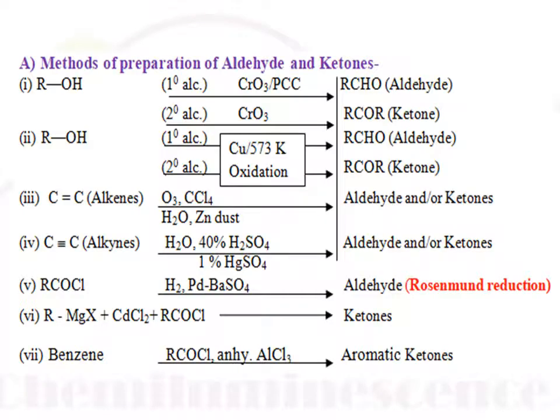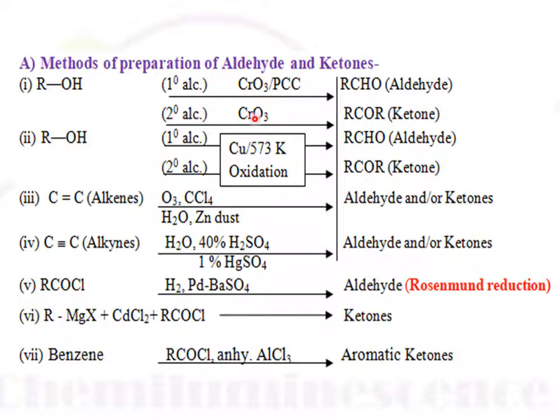This is a memory map showing methods of preparation of aldehyde and ketone. First is preparation of aldehyde and ketone from alcohol. Primary alcohol on oxidation by chromium oxide or PCC, that is pyridinium chlorochromate, forms aldehyde.